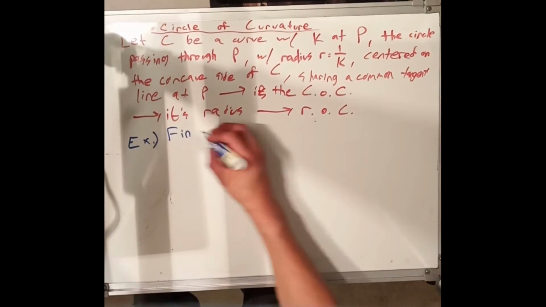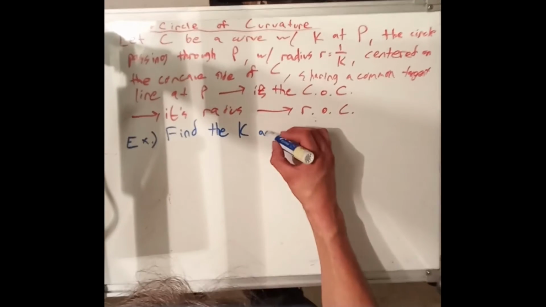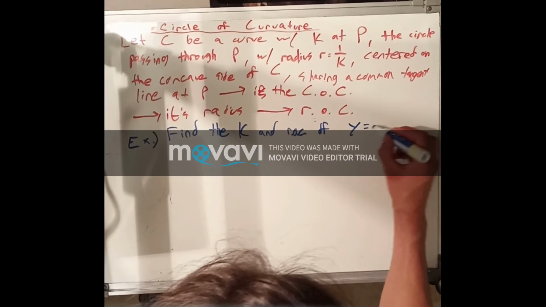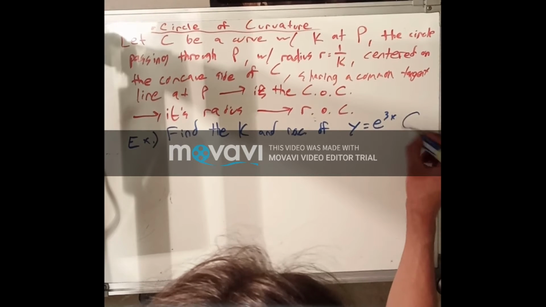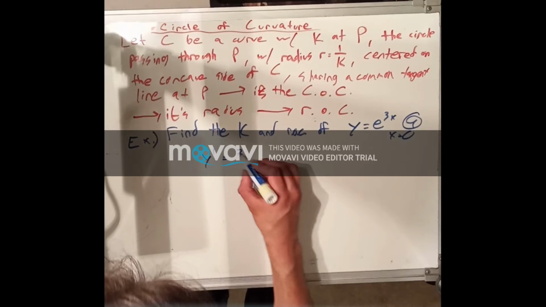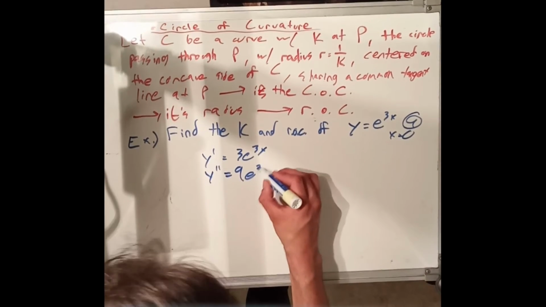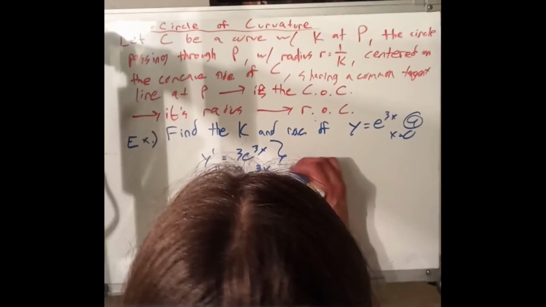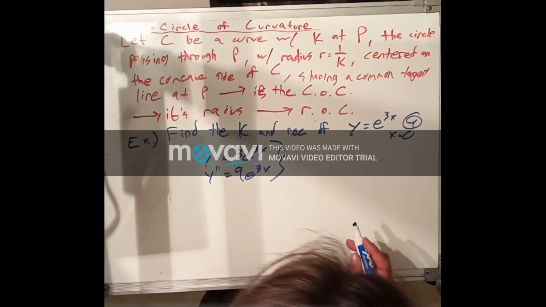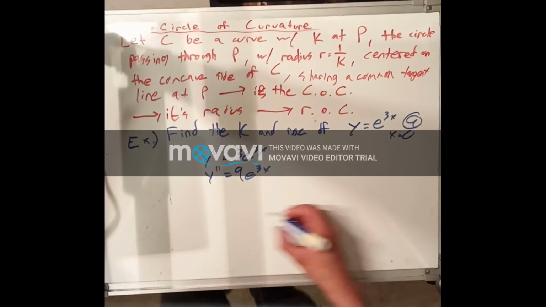Find the curvature and radius of curvature of the plane curve given by y equals e to the 3x at x equals 0. y prime is given by 3 e to the 3x. y double prime is 9 e to the 3x. Now, if we cross these two, well, there's almost no need to cross these two because we're given the other formula, and we're only working in 2 dimensions.